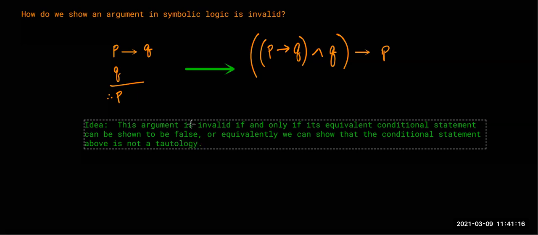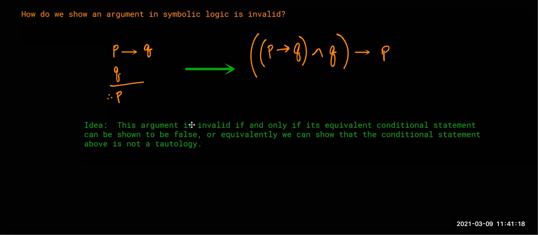So if we can show that this statement is not a tautology, then we have shown that this argument is invalid, because if it were valid, this statement would be a tautology.